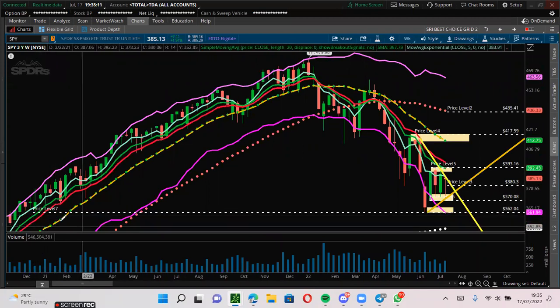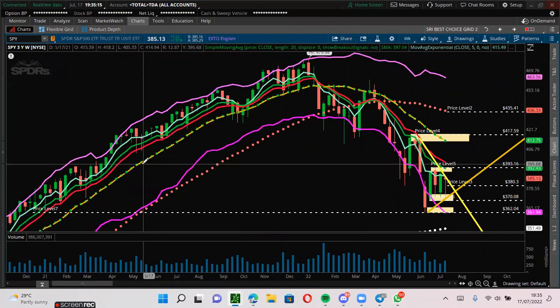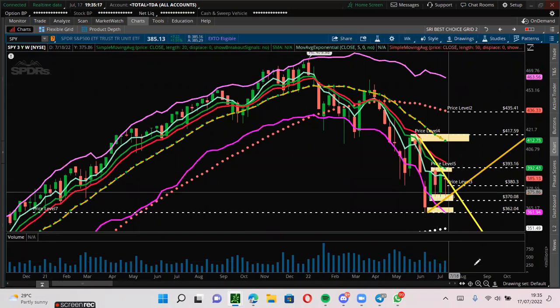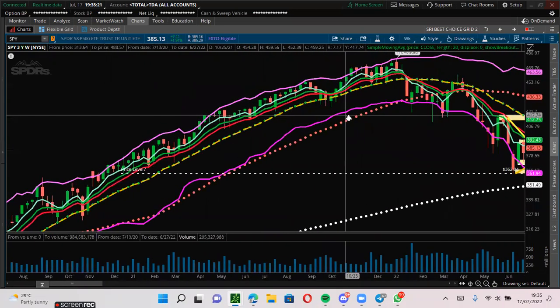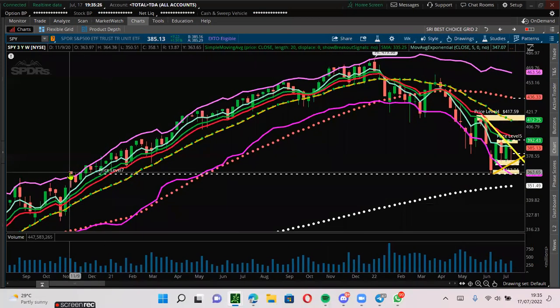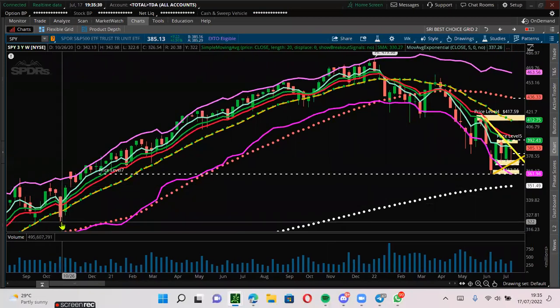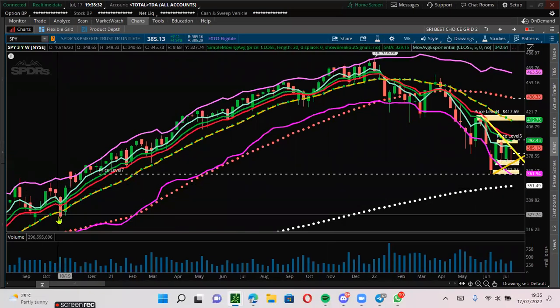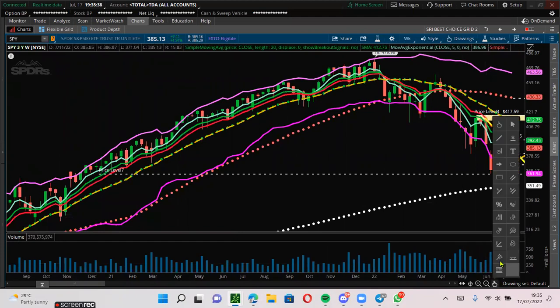You see it bounced back at this level, and this is a good support. I look at where the previous resistance was. It went down right here, and this is the good support here.